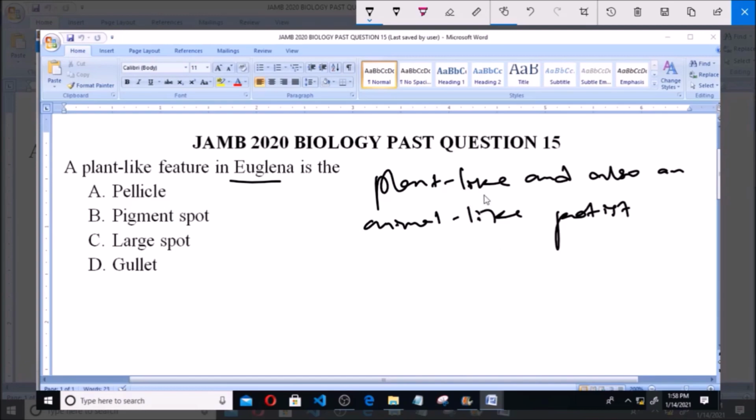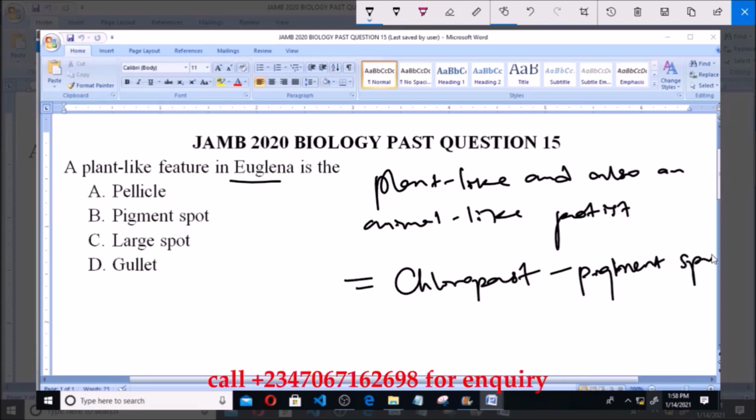The plant-like feature in Euglena is the presence of the chloroplast, and this chloroplast enables Euglena to manufacture its own food. This chloroplast is also known as the pigment spots that contain the chlorophyll.